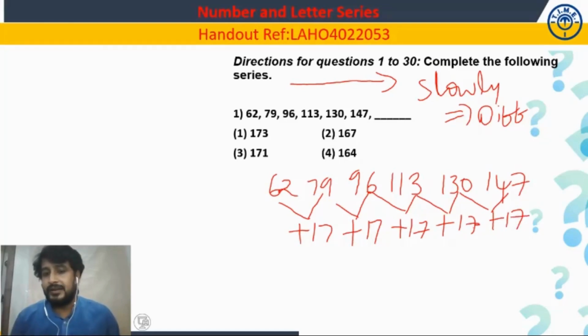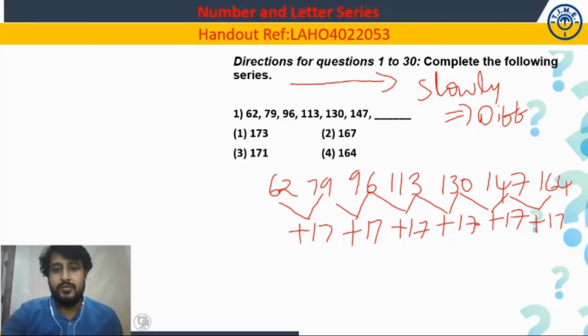So here the constant difference is how much? 17. Each number is increased by 17 to get the next number. According to this logic, what should be the next number? 147 plus 17 is equal to how much? 164. So choice 4 is our required answer.